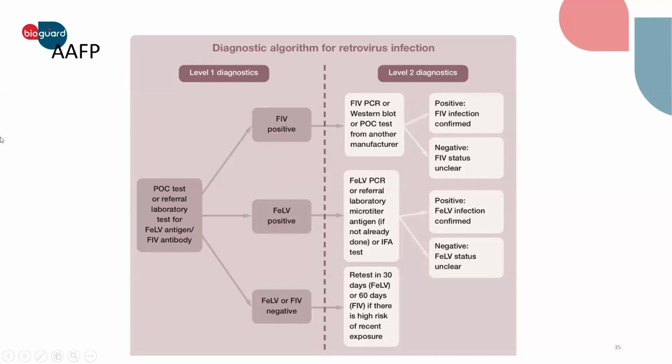If it's FIV positive or FeLV positive, or for both or negative results, usually they would suggest another test unless the cat's status is very clear, with a clear history and very obvious symptoms. Otherwise, they would suggest another diagnostic.